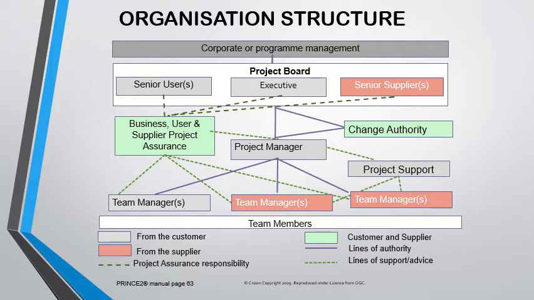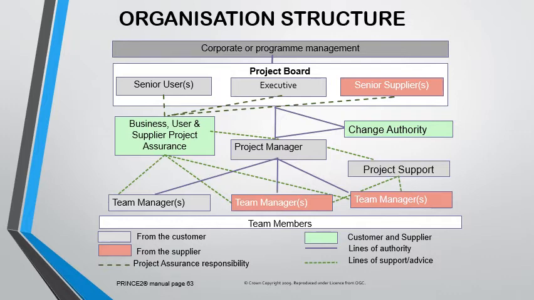The lines of authority regarding functions of the project goes from corporate over the project board over the project manager, and project manager over the team managers and team members. So that means that line of authority is established, and that line is supposed to be followed, meaning that the team members and team managers report directly to the project manager, who reports directly to the project board, and the project board directly to the corporate or program.